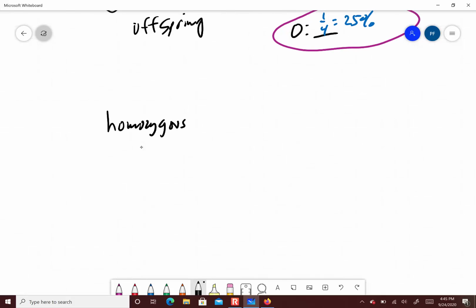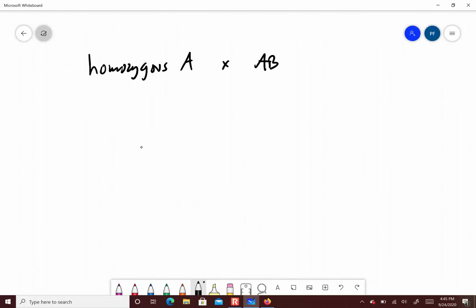All right, so now let's cross homozygous for A with type AB. Another good chance to pause, complete this on your own, come back to it, check your work. All right, so we're doing homozygous A crossed with AB. We want to know our gametes.